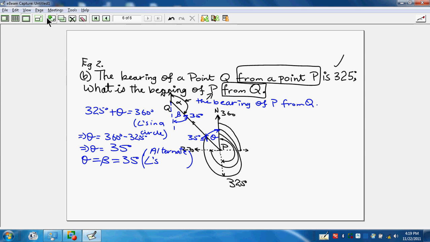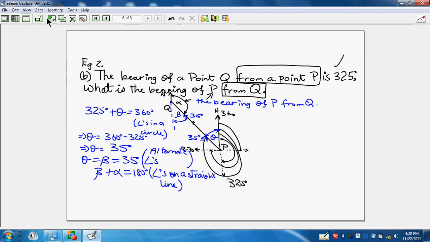So if we know beta is equal to 35 degrees, and of course we calculated that theta was also equal to 35 degrees, then we could easily find angle alpha, which is the bearing of P from Q, by noting the fact that angle beta plus angle alpha must be equal to 180 degrees. And the reason is that those angles are on a straight line.